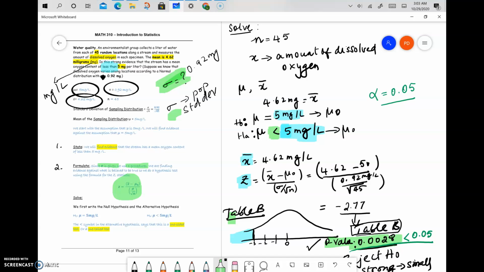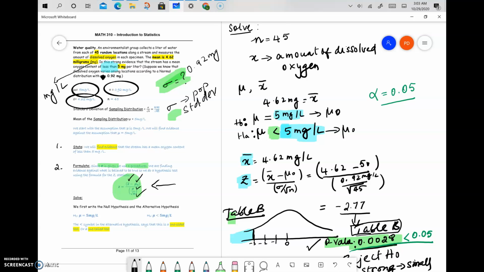The formulate should always end with a formula. Now, the minute you write down the formula, it makes us think about what do we have or is there something we can figure out? So let's look at x bar. Is that given to us? Mu naught should come from the null and alternative hypothesis. Sigma is the standard deviation of the population. n is the sample size.